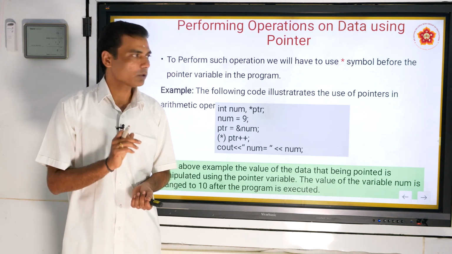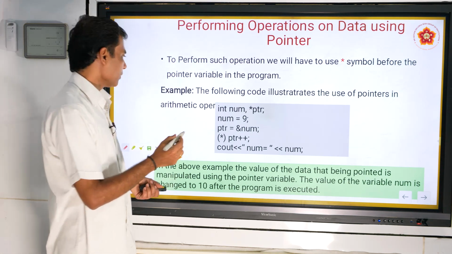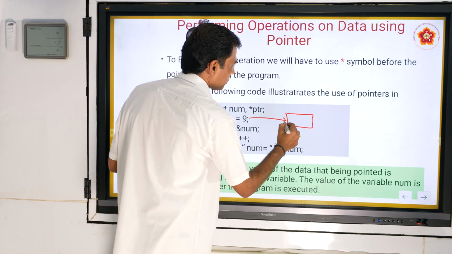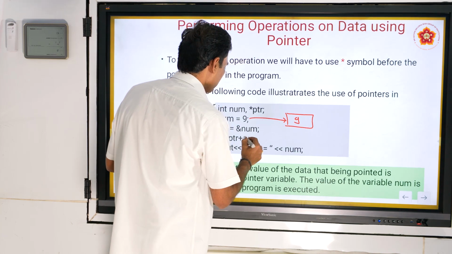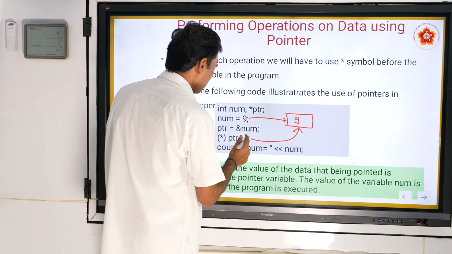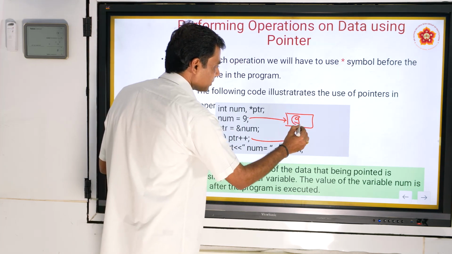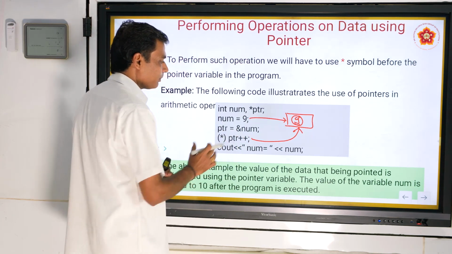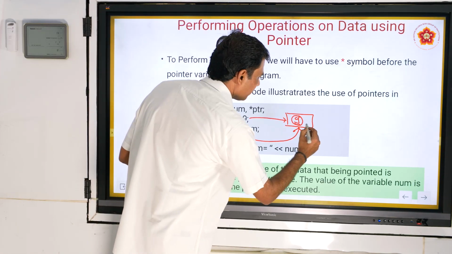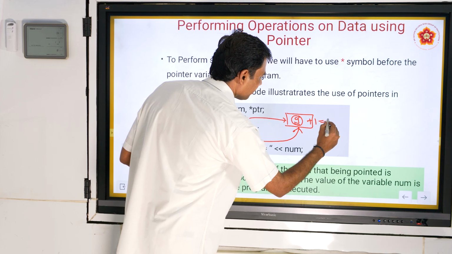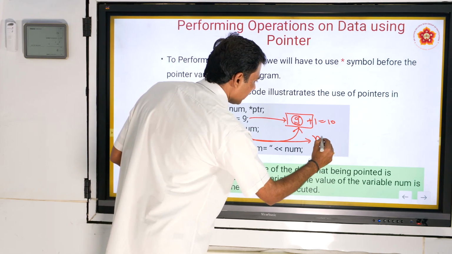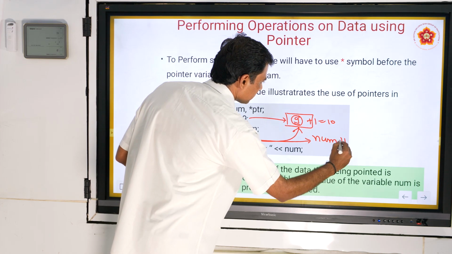So whatever data is stored at a particular memory location, say 9 is stored at this memory location, then ptr is pointing to this memory location, then star means it is accessing this memory location, then plus plus. The meaning of this is actually we are incrementing the value, so num is equal to 10. So the meaning of this expression is actually num plus plus.